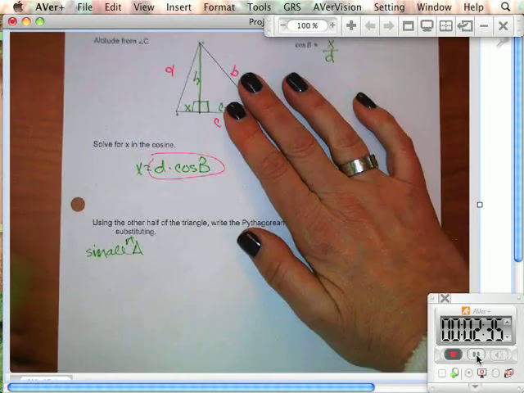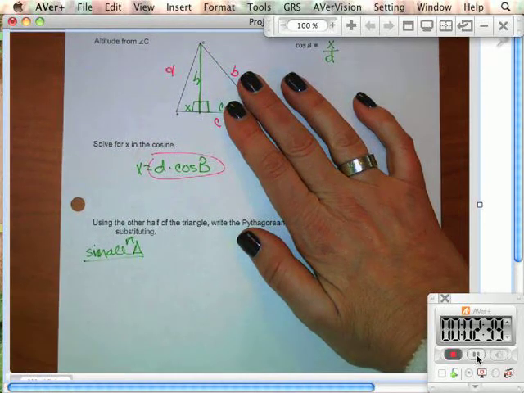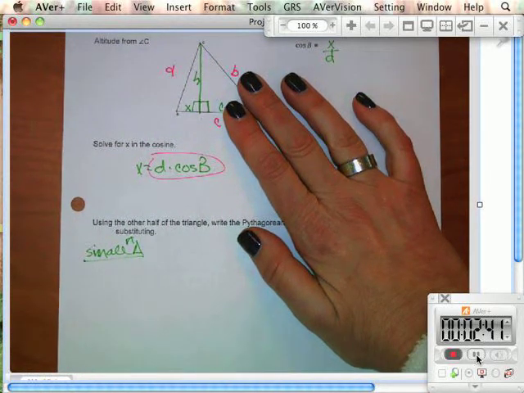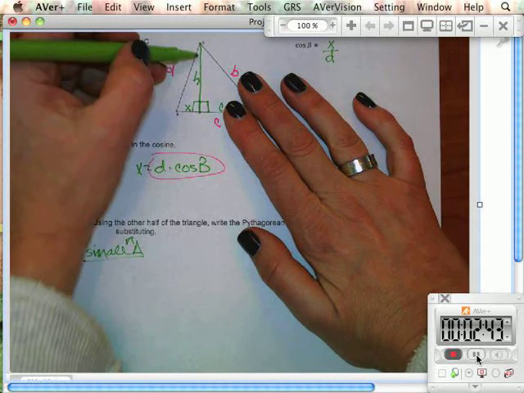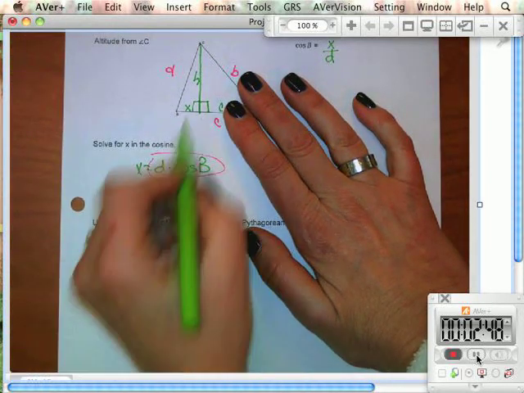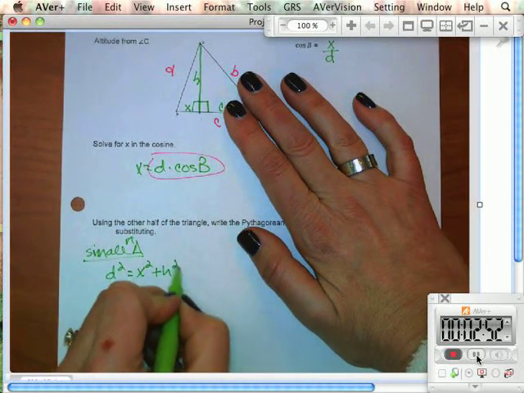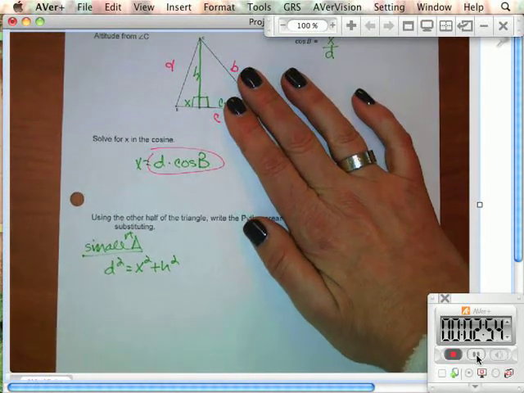So the hypotenuse is D, right? So we're going to say D squared equals the legs each squared. That's the small right triangle expressed in the Pythagorean theorem.